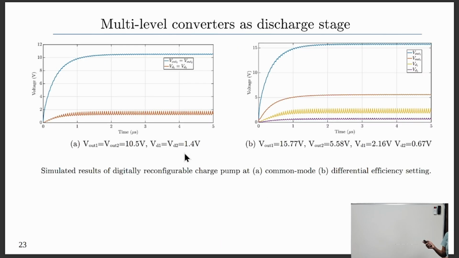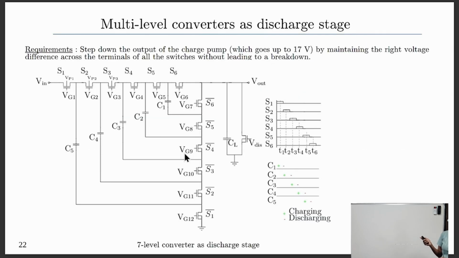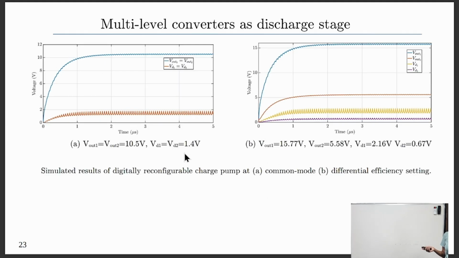We will look at the output voltage, and we will drive the gate signal V discharge to set the common mode output. These are the simulated results with multi-level converters as the discharge stage. The first one is at the common mode setting, and the second is at a differential efficiency setting.